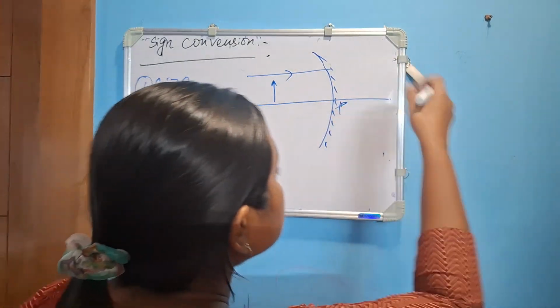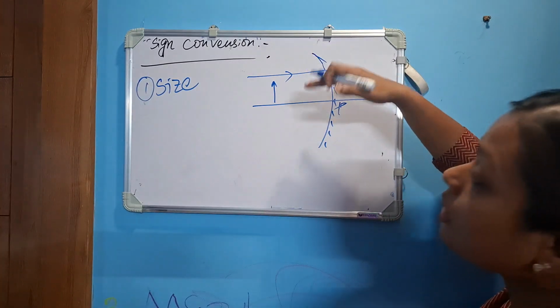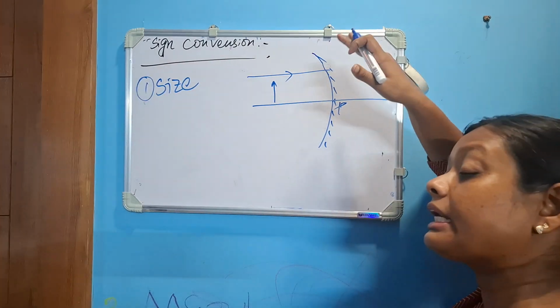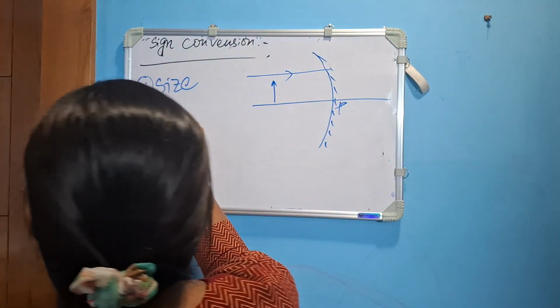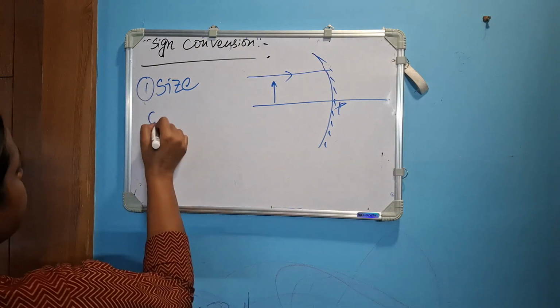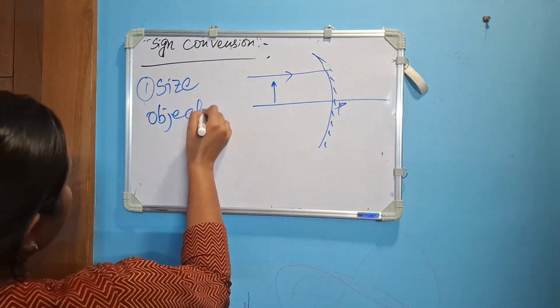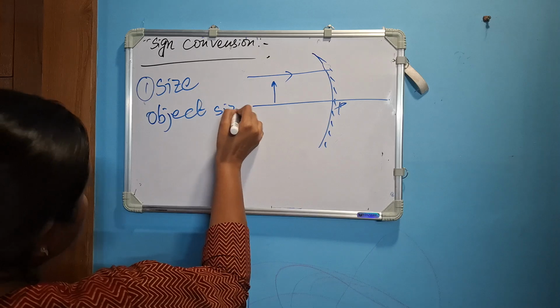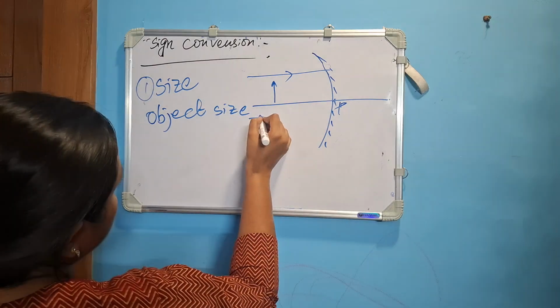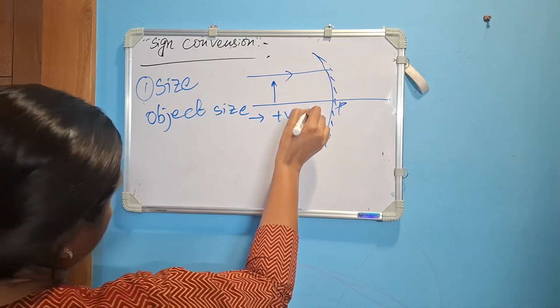Whichever is above the principal axis will be taken as positive. So object size is always positive.